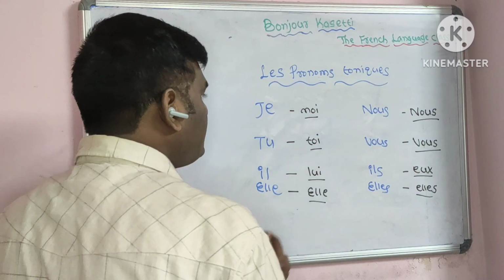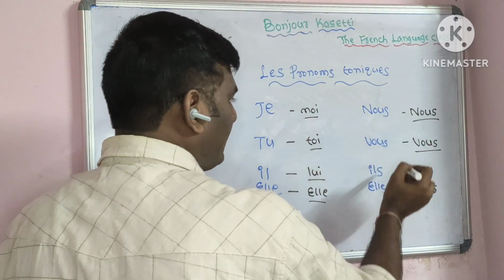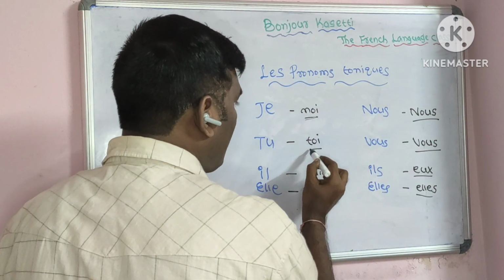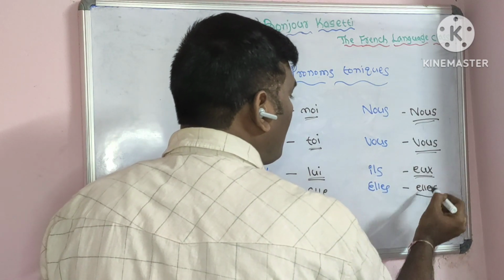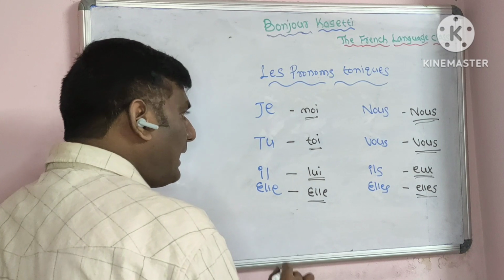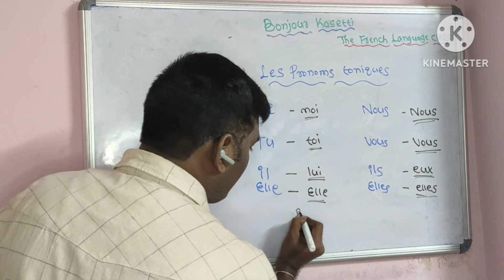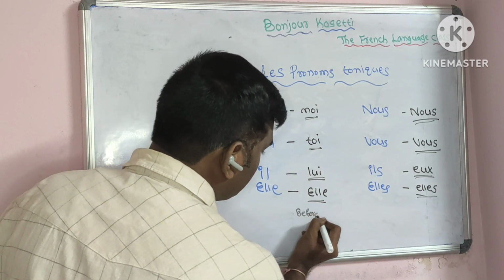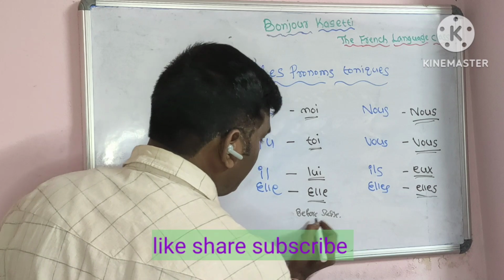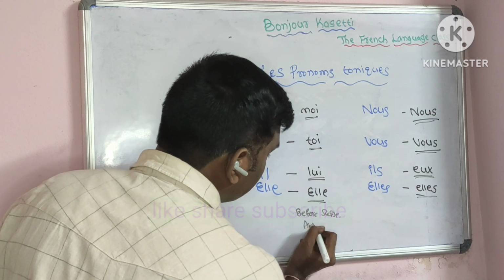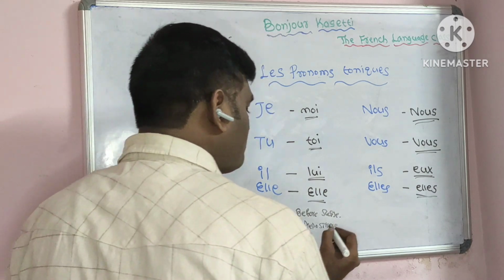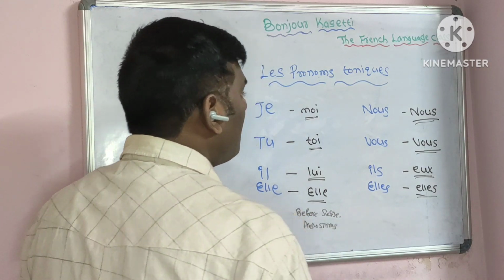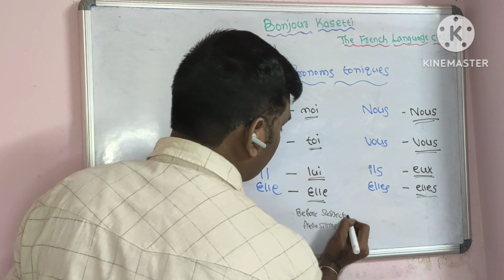Each subject pronoun is accompanied by a pronoun tonic: moi, toi, lui, elle, nous, vous, eux, elles. The pronoun tonic is written before the subject, with prepositions also we use it, and while answering questions also we use the pronoun tonic.